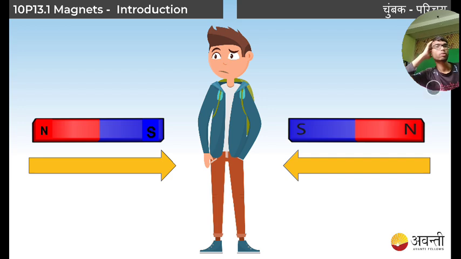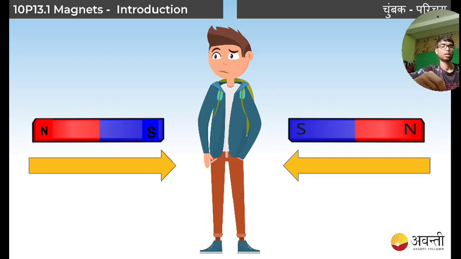Here, what will happen in this case? This is south and this is south. Both are in front of each other, and both poles are the same south. In that case, both will repel each other, rather than attracting, because both poles are the same.